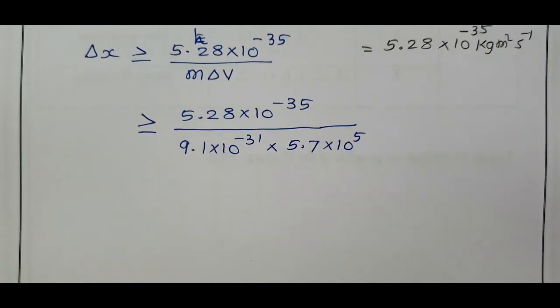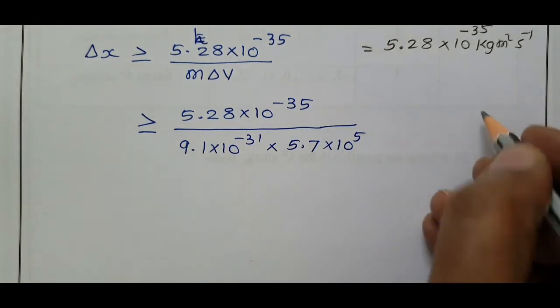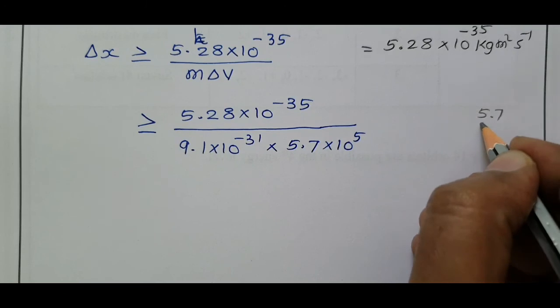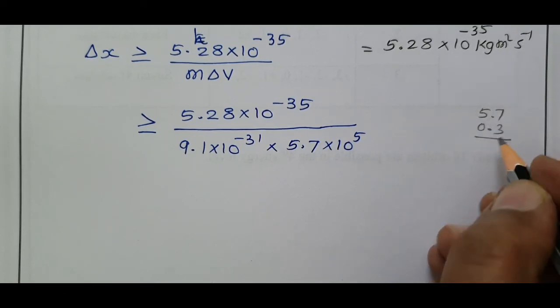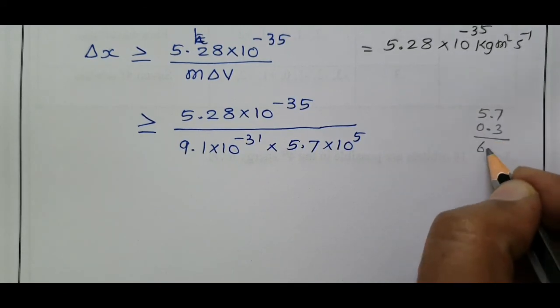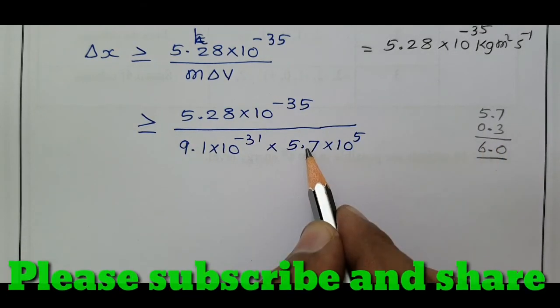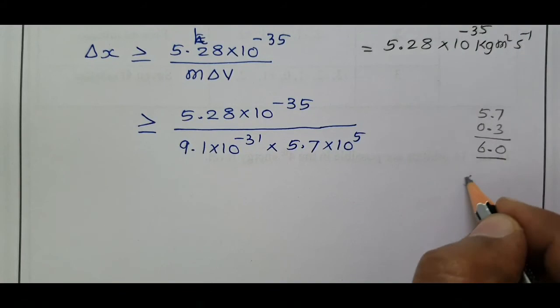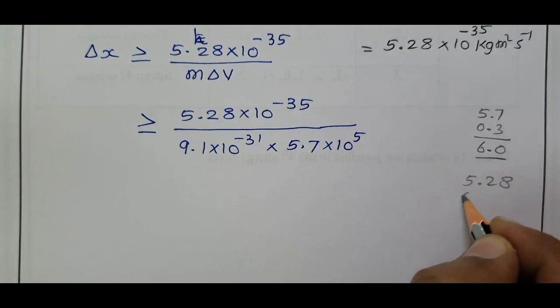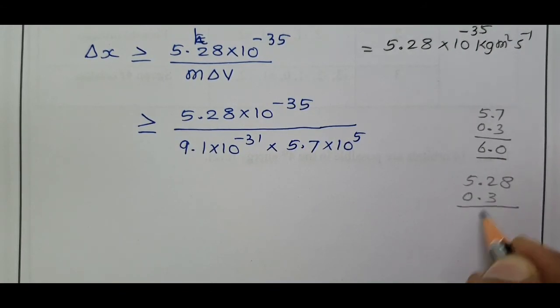For easy cancellation, I convert the denominator value into a whole number. 5.7 is converted into the nearby whole number by adding 0.3. It becomes 6.0. If you add 0.3 to the denominator value, you have to add 0.3 to the numerator value also. So 5.28 plus 0.3 gives 5.58.